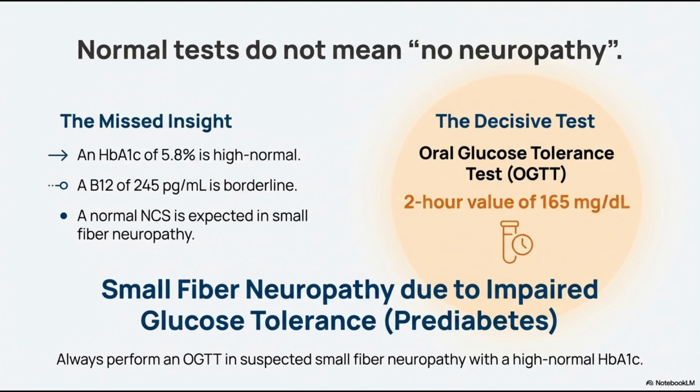We have to see that HbA1c is high normal and B12 levels are borderline. Hence, we have to do OGTT. And after the OGTT, once it is impaired, then it is diagnosed as a case of small fiber neuropathy due to impaired glucose tolerance or prediabetes.